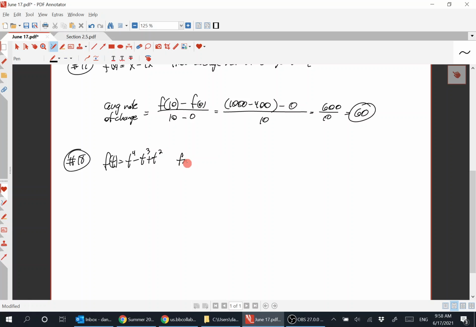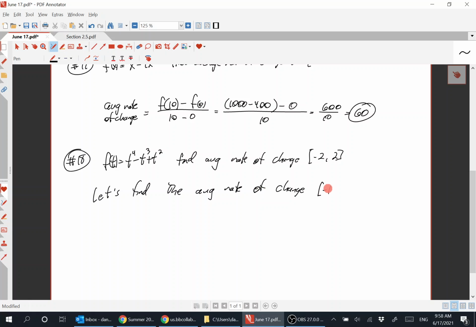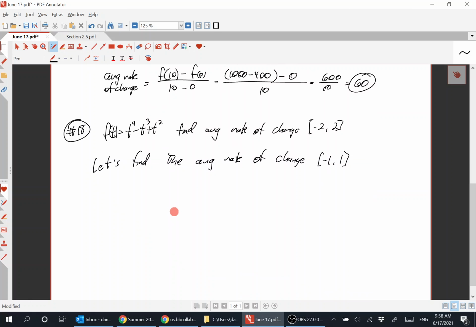So find the average rate of change on the interval from -2 to 2. So let's find the average rate of change on the interval from -1 to 1. So that's going to be f of 1 minus f of -1 over 1 minus -1.